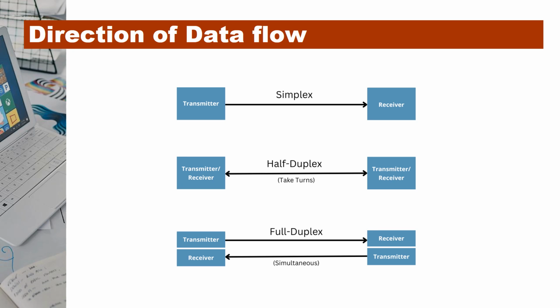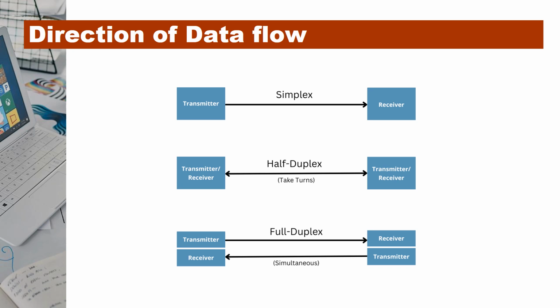You can also talk about modems, modulator-demodulator, a device that converts digital signals into analog signals for transmission over analog communication channels. It is used to connect devices to the internet or other remote networks via analog channels such as dial-up or DSL.